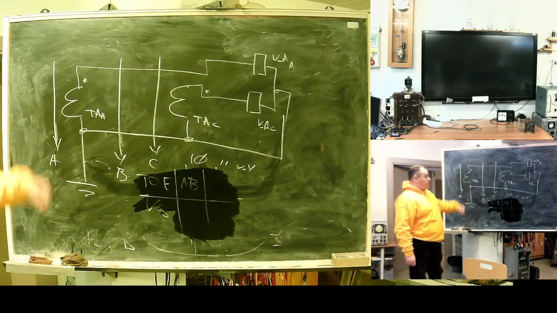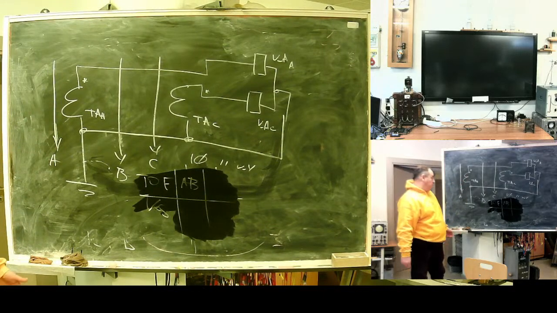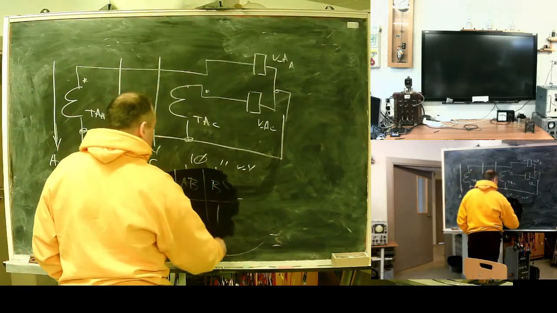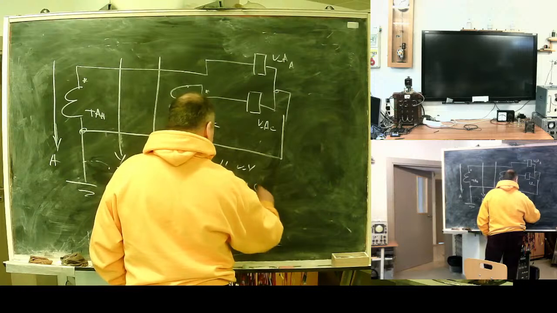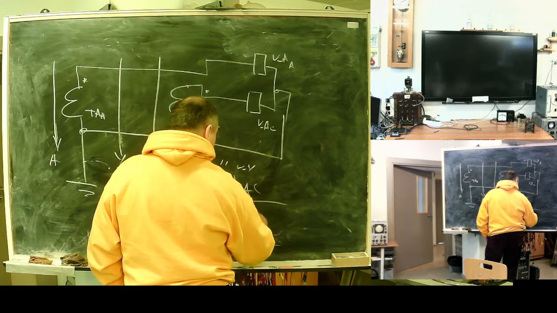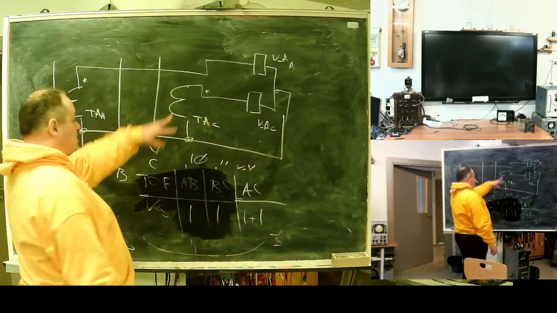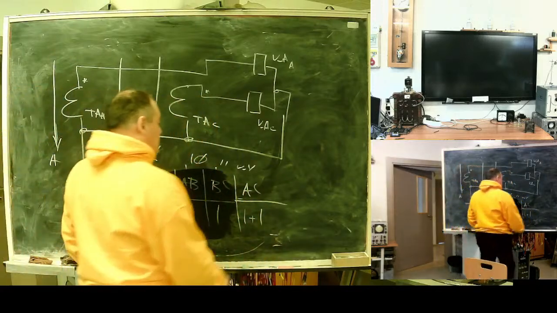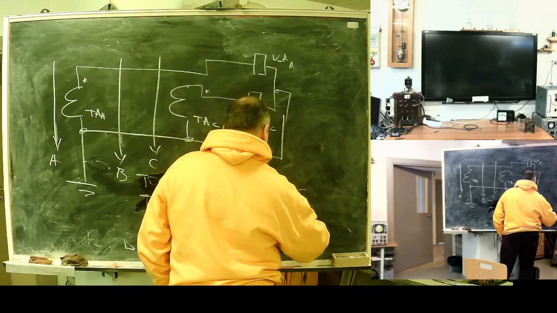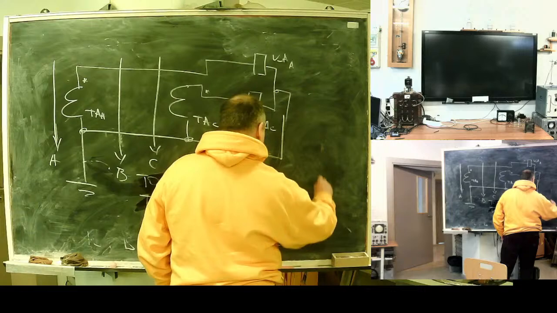Ratio between transformer current and relay current. 1 for BC, 1 for AC, 1 and 1, both relays trip. ABC, 1 and 1, no problem.